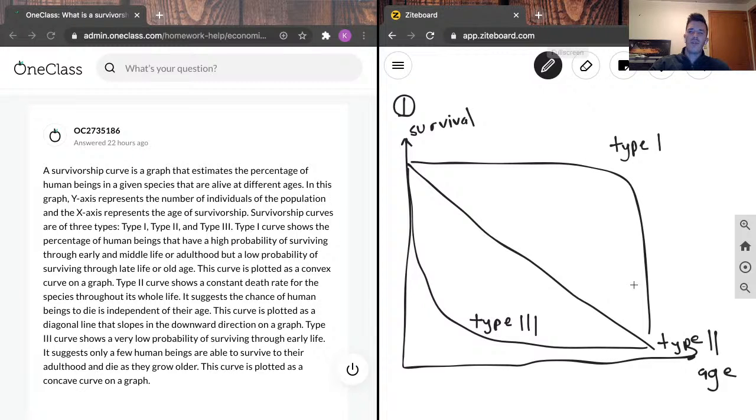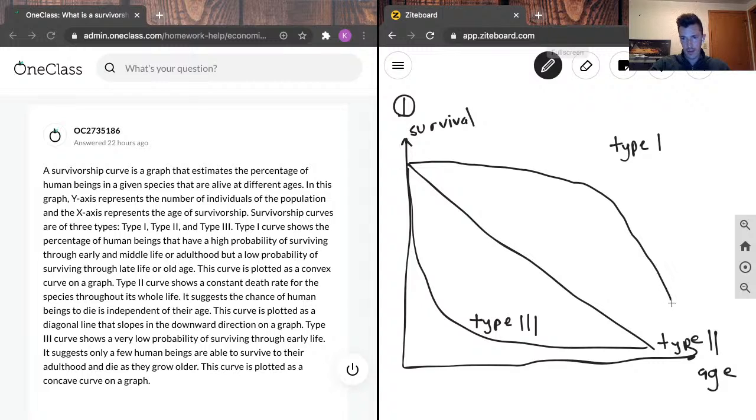At that point, and not this steep, I could probably draw this line a little better. Slightly declining, and then we start to see a bigger decline. So we hit maybe 70 or so. And this is characteristic of the human race.